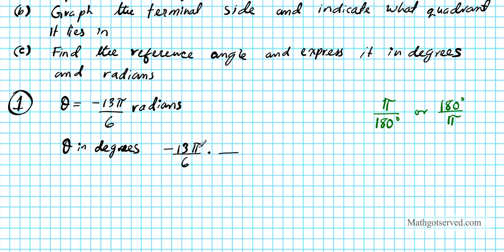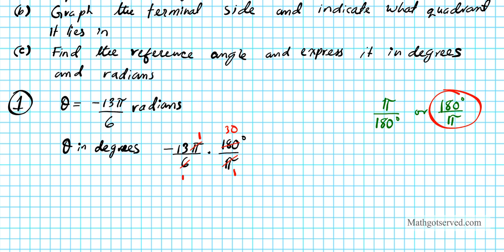Well, we want the pi to cancel out, so we're going to select the one that has a final position where cancellation will occur. So the choice that we're going to select is this option right here, okay? So we're going to multiply this angle in radian by 180 degrees over pi. All right? Notice what happens. This pi divides out with that pi. 6 goes into itself once and goes into 180 30 times.